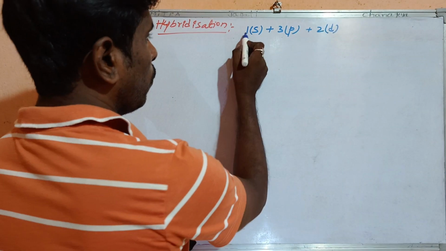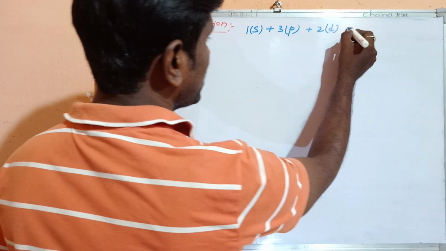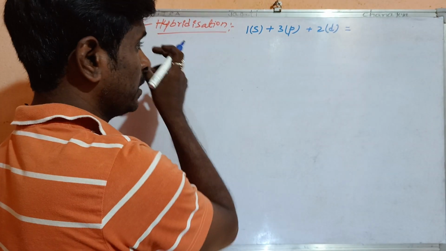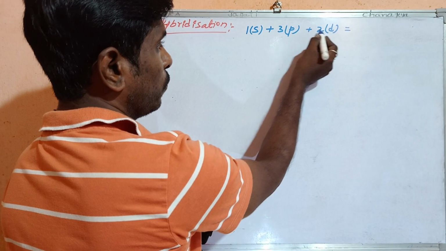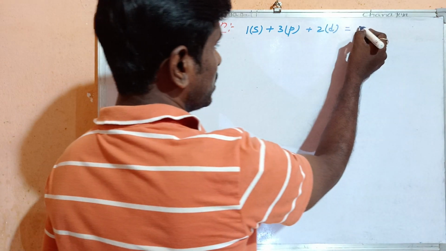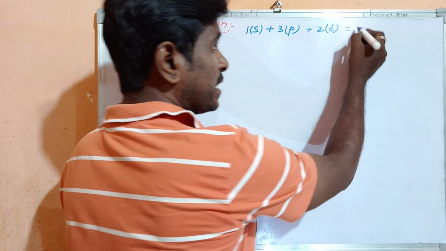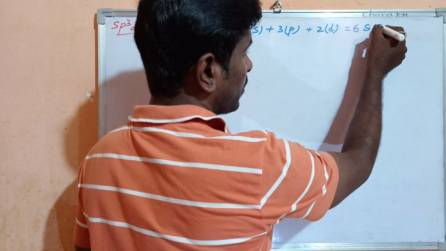Now 1 plus 3 is 4, and 4 plus 2 is 6 atomic orbitals are involved in this hybridization. Now six hybridized orbitals are formed.